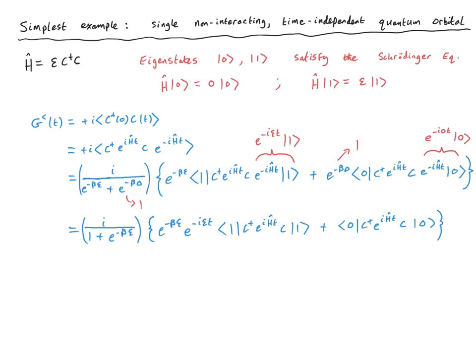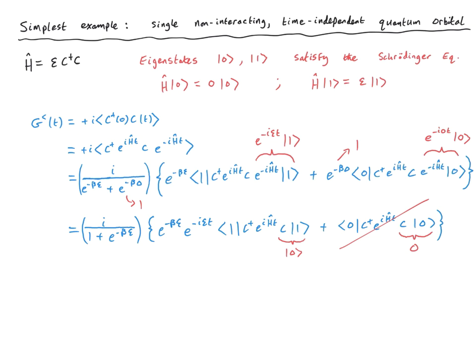Importantly, we see here that this second term is actually equal to 0, because we have the action of the annihilation operator c acting on the already empty state. So this gives us 0 and kills that whole second term. Likewise, in the first term, we have the annihilation operator c acting on the occupied state, which of course gives us the 0 state.